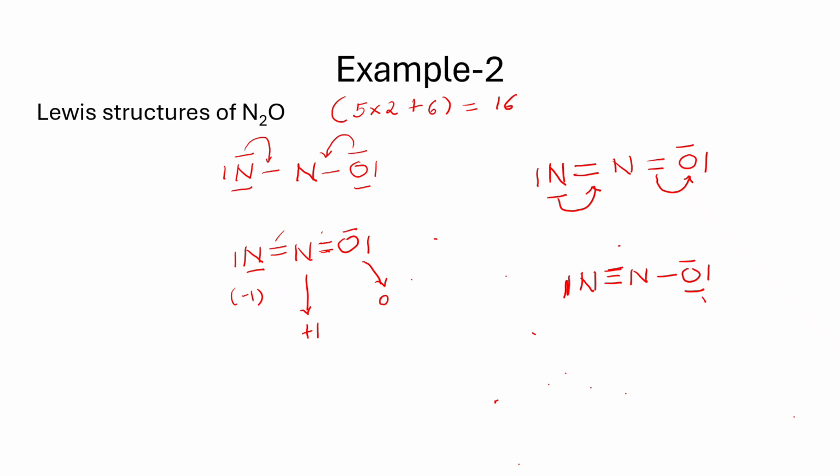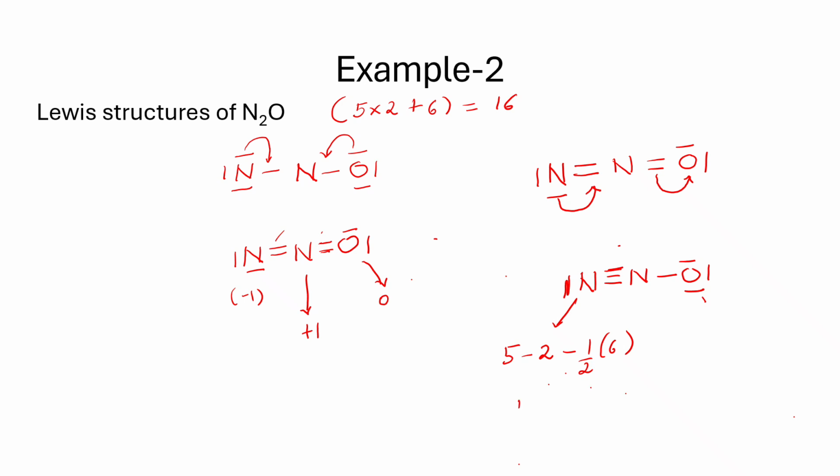All right. So now let's calculate the formal charge on each of the atoms again. Okay. So the formal charge on this nitrogen is going to be 5 minus, there is only one lone pair, that means there are 2 non-bonding electrons, minus, as we can see that there is a triple bond, so minus half of 6, because there are 6 bonding electrons.